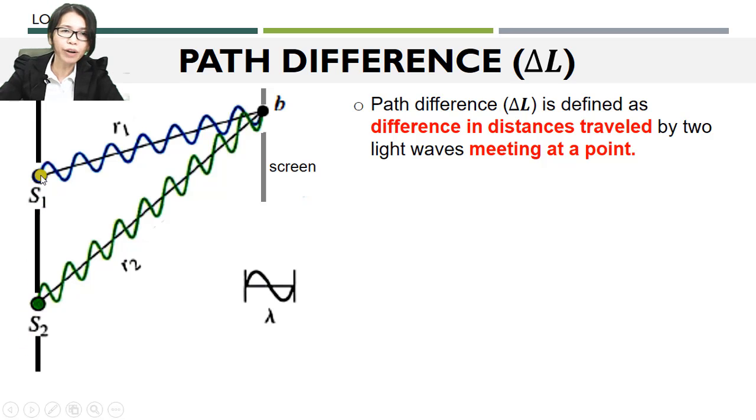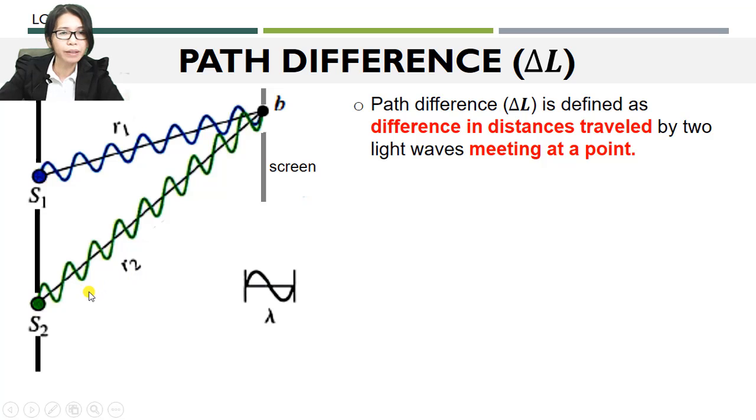S1 will travel a distance of R1 to reach point B. S2 will travel a distance of R2 to reach point B. You can see very obviously from the figure that R1 and R2 are not equal.